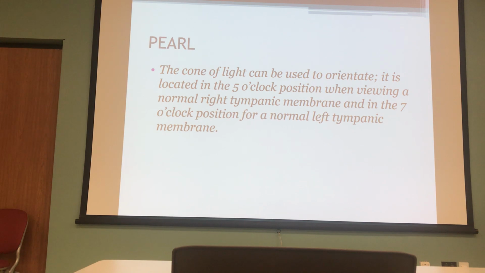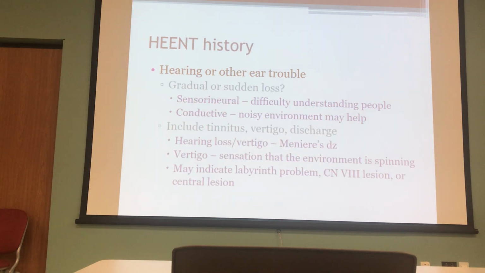Make sure you know which ear you're talking about. If it's at 7 o'clock, it's your left ear. Okay? 5 o'clock, right, 7 o'clock, left. And the cone of light, all you see is a shiny thing. And if you don't see the cone of light, just know what ear you're looking at and say the cone of light is at 7 o'clock, it's to the left. Nobody knows if you're seeing it. Not even the patient.